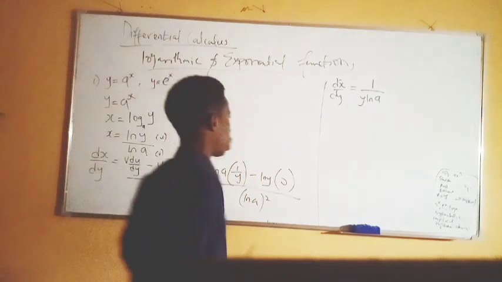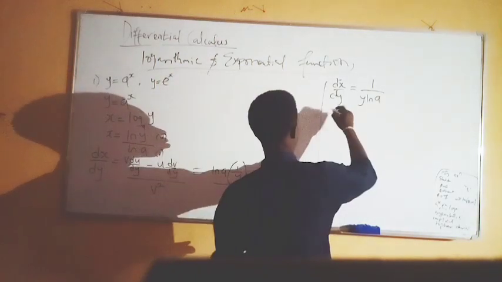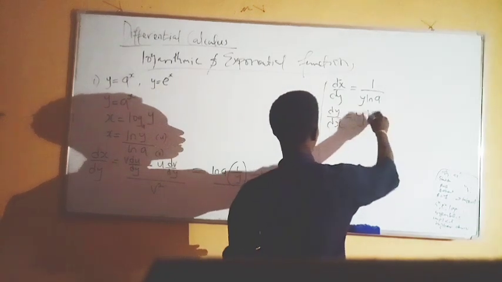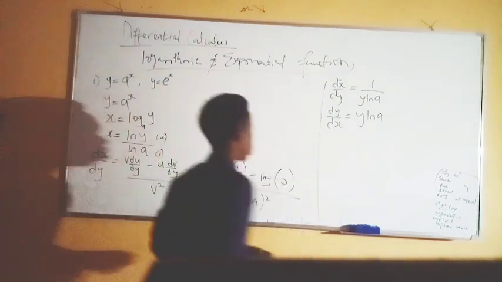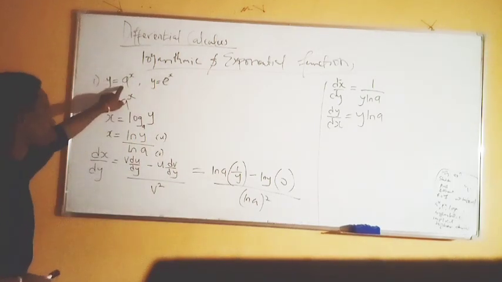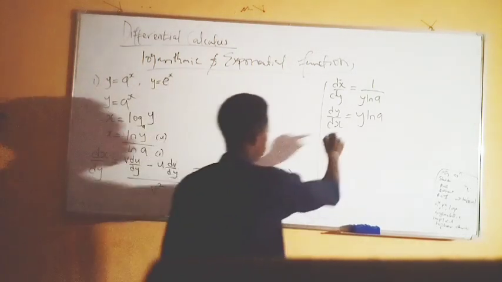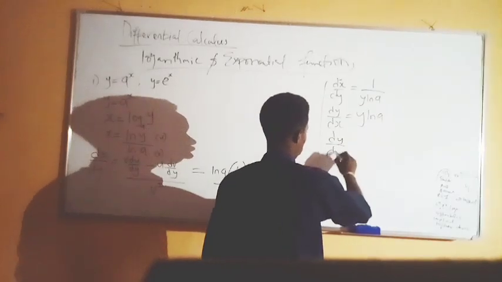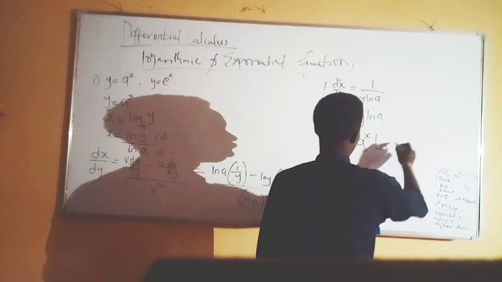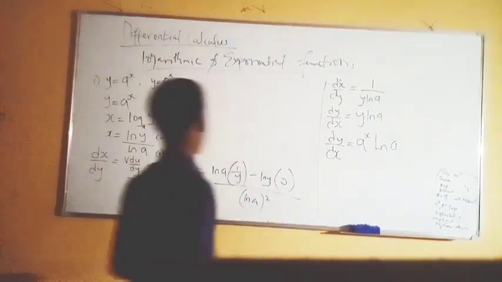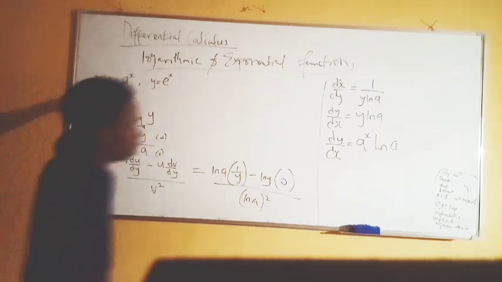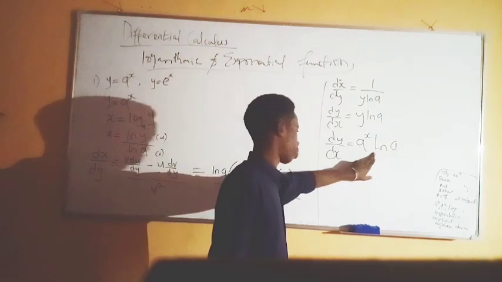So dy/dx will be the reciprocal of the equation, which gives us y ln a. What was y in the original equation? A raised to power x. Therefore, dy/dx is equal to a raised to power x ln a. So when you have this equation in this format, this is our derivative.